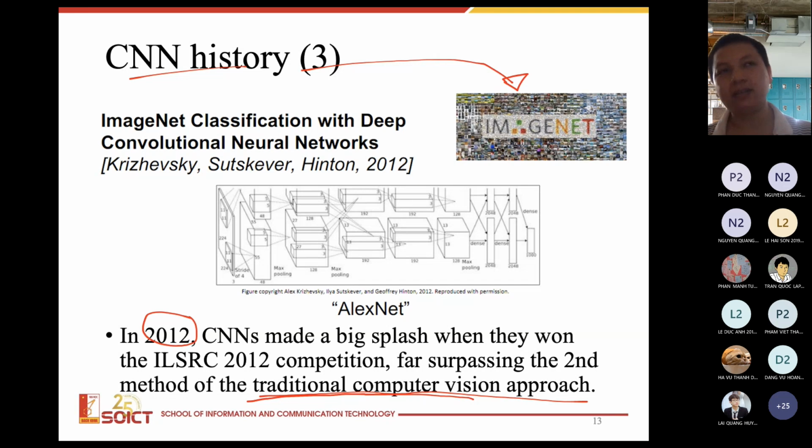It was the biggest image classification dataset released at that moment, right? Before that, there was no big dataset like ImageNet, and maybe that was also the reason. It is not easy to train a neural network with a small dataset, right?